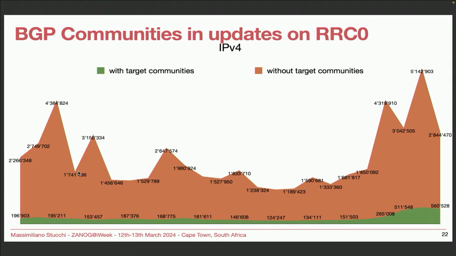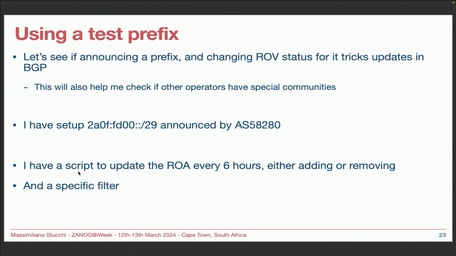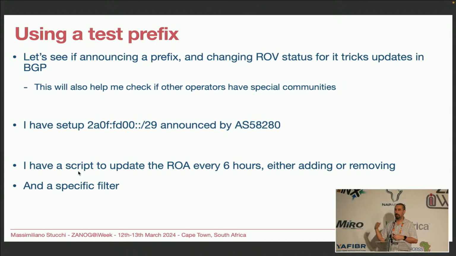So at this point, we've established we see these communities in BGP updates. Now, the next step was to set up a test prefix. I'm lucky enough to have a spare /29 IPv6. So I built a script that at the same time would update the ROA, create it, and delete it, so my BGP validation state would change every 6 hours, and then check every single BGP update seen by RIPE-RIS for that specific prefix.